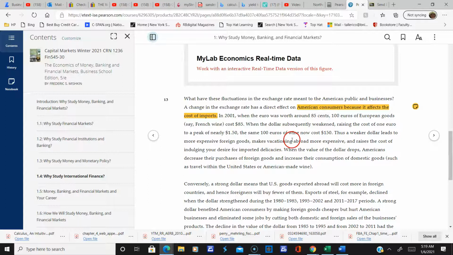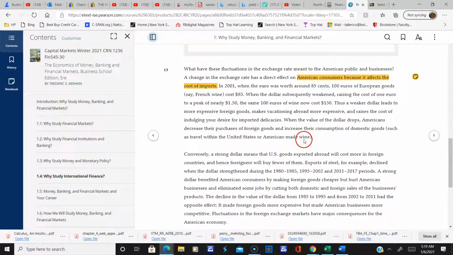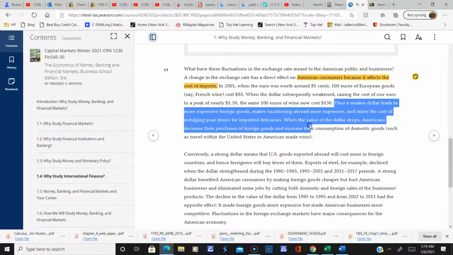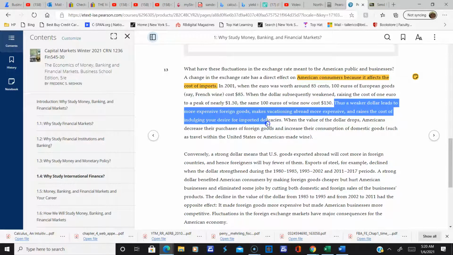And that's why a lot of people say, "Well, I'll just buy American." So a weaker dollar leads to more expensive foreign goods, and this is an important concept. It raises the cost of indulging in foreign imported delicacies.